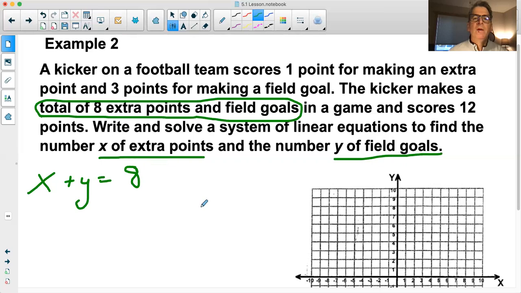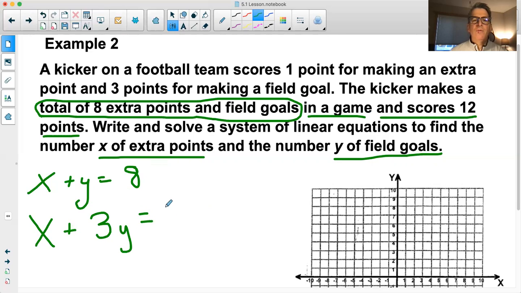We are also told in this line that in the game, the kicker scores 12 points. So the way we calculate that is by taking 1 point times the X plus 3 points because of our field goals times the Y, and that's equal to 12.